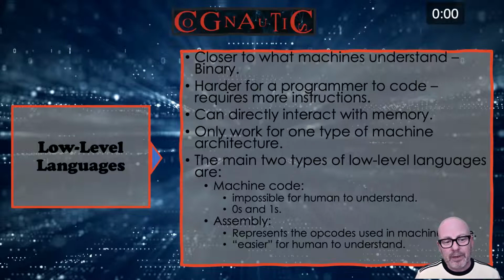Now, the problem with low-level languages, which involve more binary and are closer to binary, is they're harder to code and they require more instructions. But you can directly interact with memory. But when you work in this way, they only work for a certain type of machine architecture. So you'll be writing it for a particular type of machine architecture. And we've got machine code and we've got assembly language.